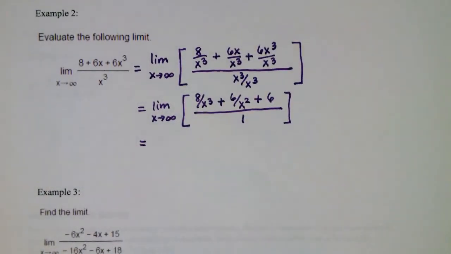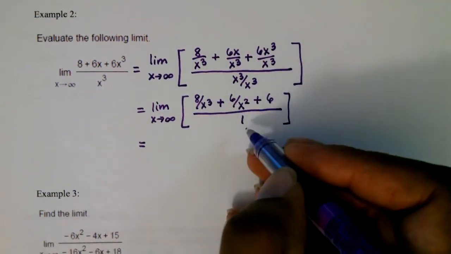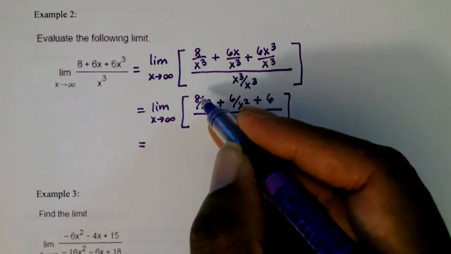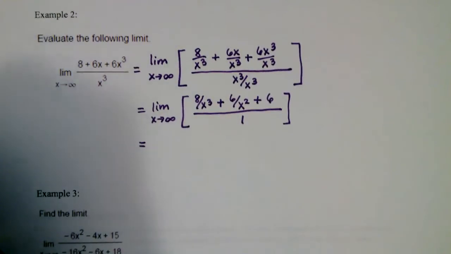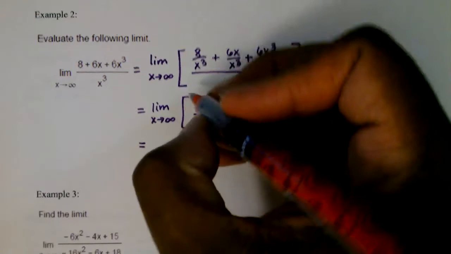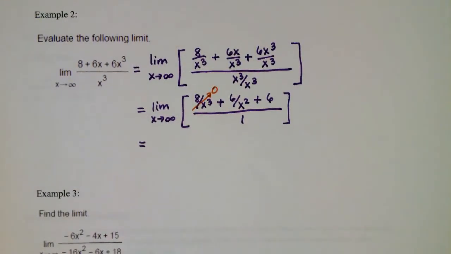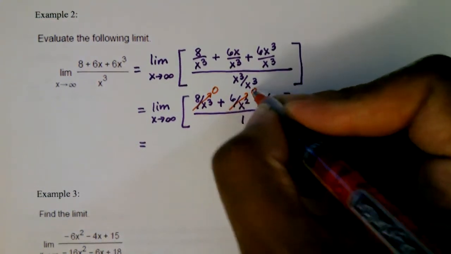All right, now let's take the limit of each of these individual terms. For the limit as x approaches infinity of 8 over x cubed, 8 over x cubed will be approaching 0. And for 6 over x squared, as we let x approach infinity, that will be approaching 0.